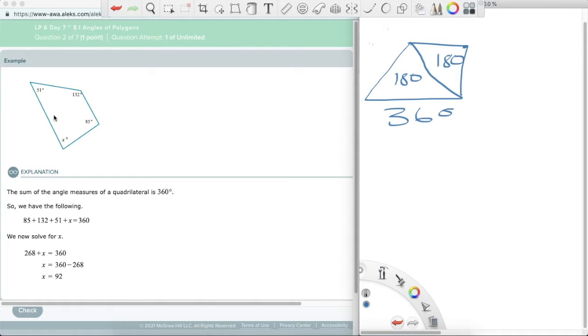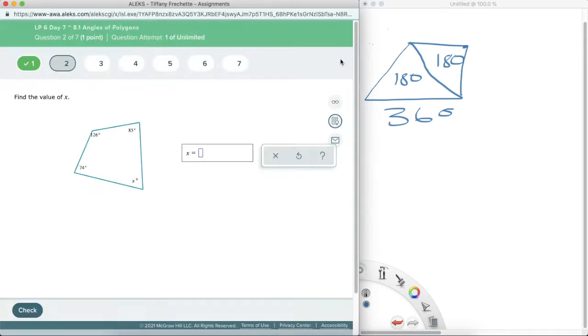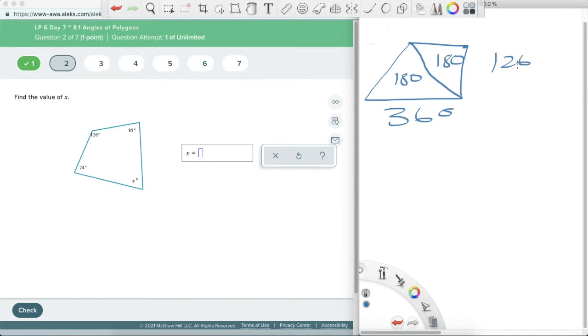So if I come back over here and look at these pieces, I have 126, I have 85, and I have 74. I'm going to add these three angles together, because I want to know how much of the 360 I have already used. So let's see, I have 9 plus 6 more. Actually, I could do this a little easier. 10 plus 5 more is 15, using compatible numbers.